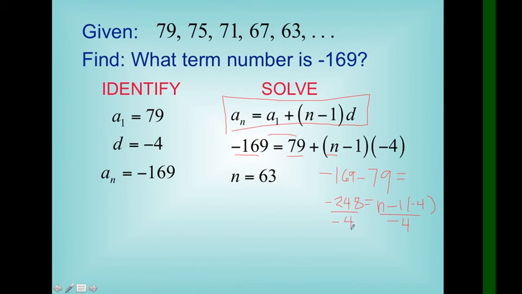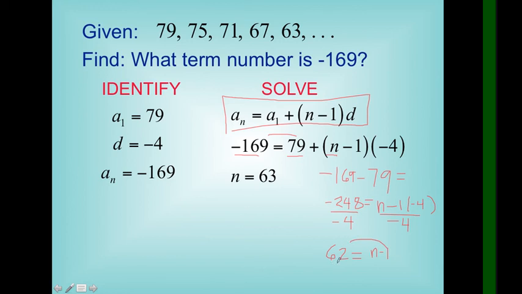Since both numbers are negative, it becomes positive. We know that when we divide integers, if they have the same sign, the answer is positive. So, 248 divided by 4, the answer is 62, right? 62 is the answer. So we have positive 62 equals n minus 1. Then, the minus 1, we move it, so it becomes positive 1.